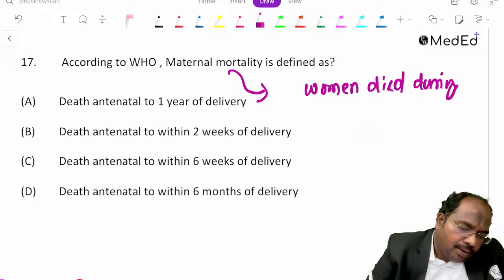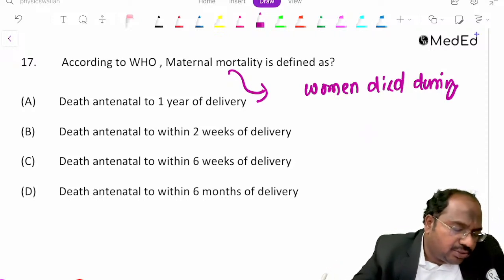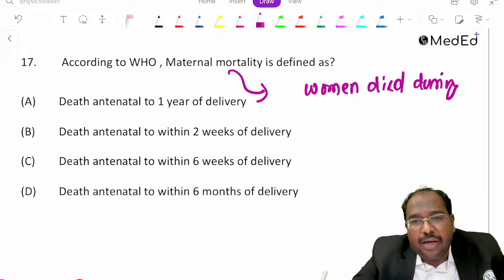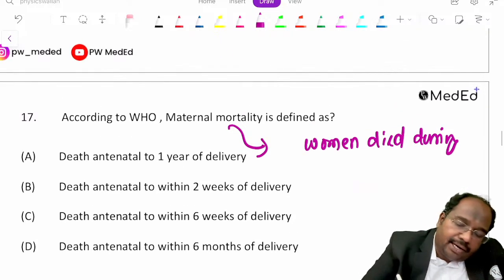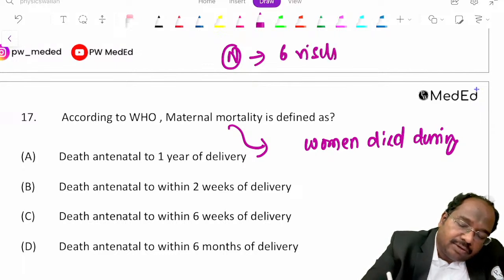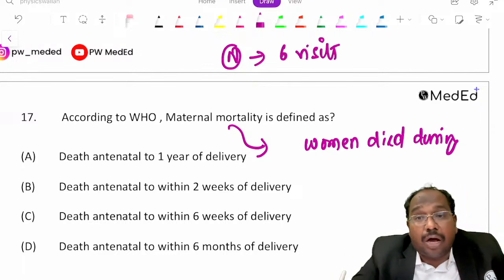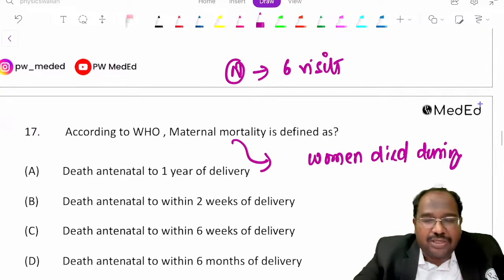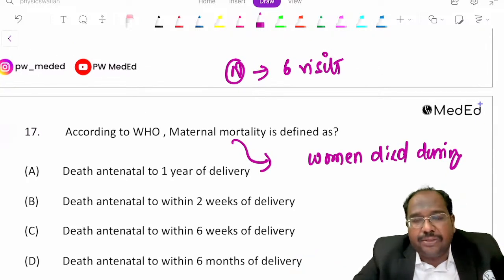So how many visits should Asha make after delivery? For a normal delivery, Asha should make 6 visits. Mostly nowadays we endorse hospital deliveries only.